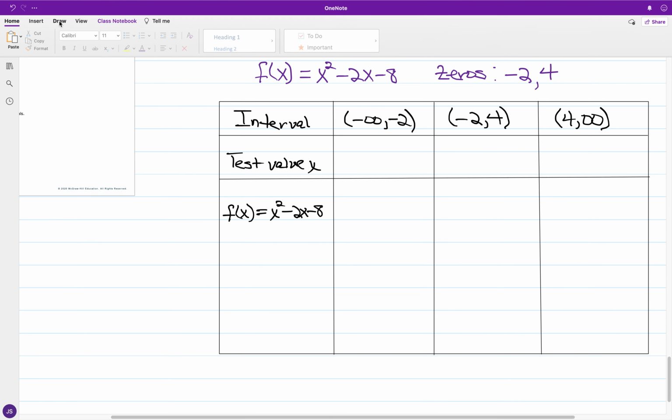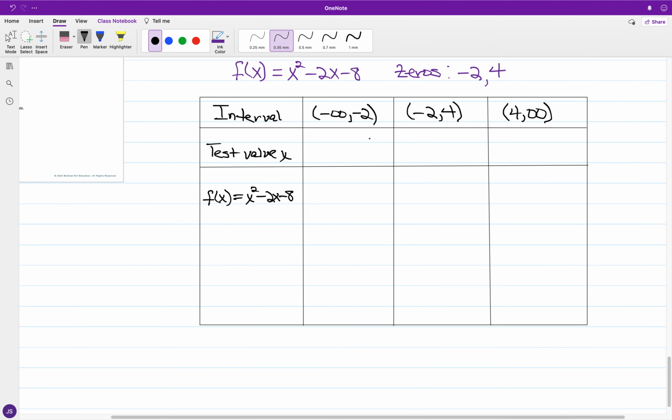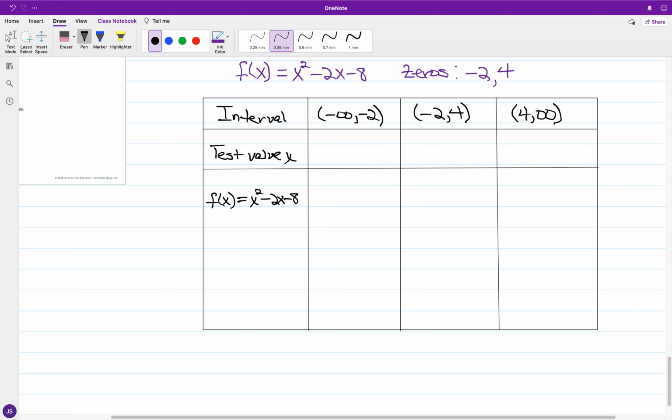For the test value inputs we can supply, anything less than -2, we can go with -3. For the spread between -2 and 4, for the integers, I go with -1, 0, 1, 2, or 3. We'll just go with 0. Anything greater than 4, we can go with the number 5.